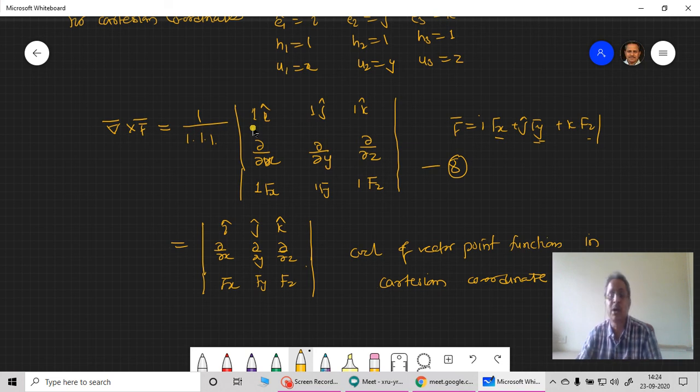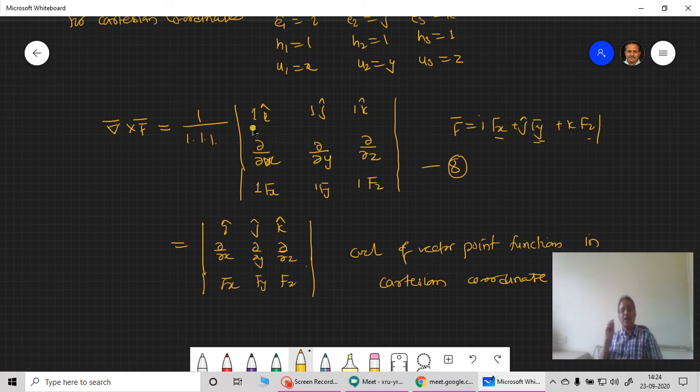So in the Cartesian coordinate system, it comes out exactly the same, that is given by del cross F equal to the determinant of i j k, ∂/∂x, ∂/∂y, ∂/∂z. These are the three partial derivative operators, and fx, fy, fz are the components of the vector F, of which we are supposed to find the curl. So whatever we have discussed in the case of the curvilinear coordinate system is very correctly applicable to this Cartesian coordinate system.